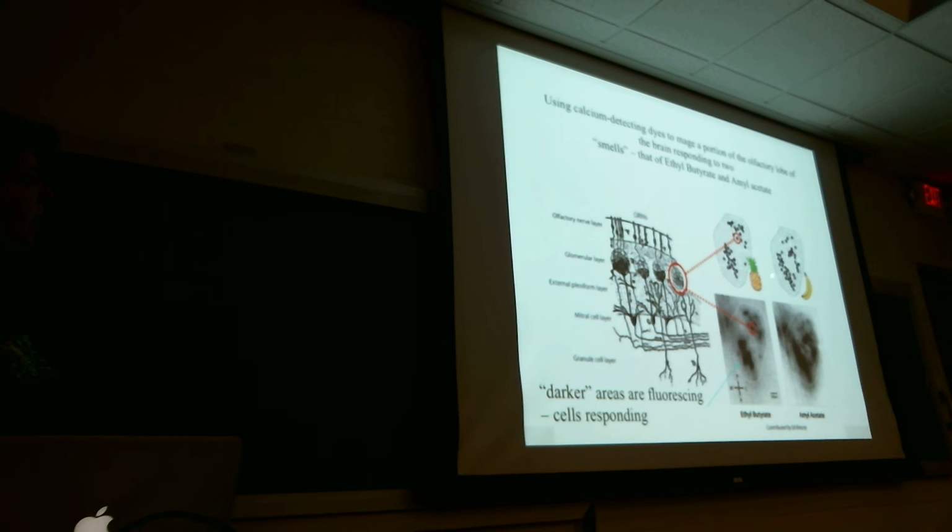This is the olfactory bulb, where you have these layers and the inputs. You apply a particular sensory input, and you measure the changes in the calcium levels.